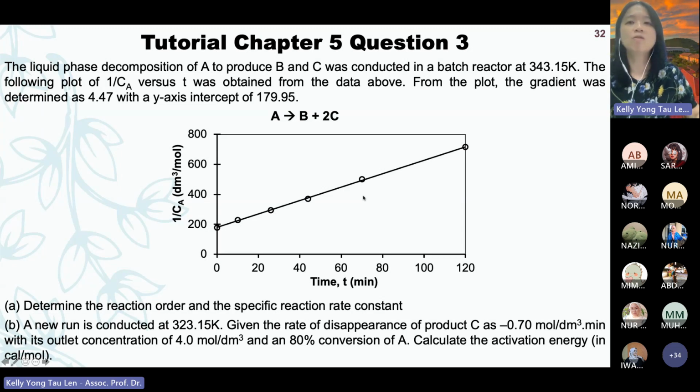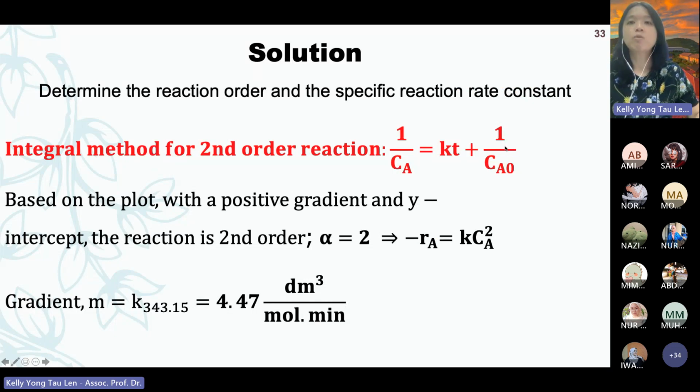Katakan daripada plot kamu confused ni positive gradient ke negative gradient, tengoklah nilai dia. Nilai dah diberikan. Nilai is given as 4.47. So it's a positive gradient. Okay, so dah fulfill requirement pertama. Requirement kedua, they will have a y-intercept because the equation ada part belakang tu yang mewakili C, y-intercept. So check your plot.